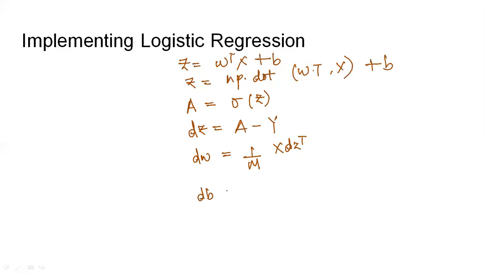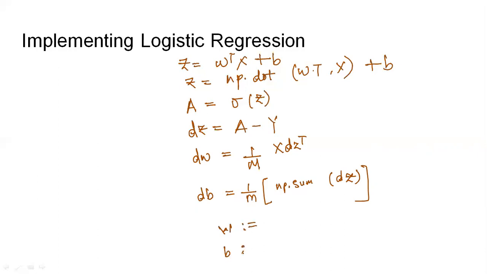Now we have the value of dw, and we need to write db = 1/m np.sum(dz). So this was the value of db that we have got. After making all these calculations, we need to update our parameters, which are w and b.